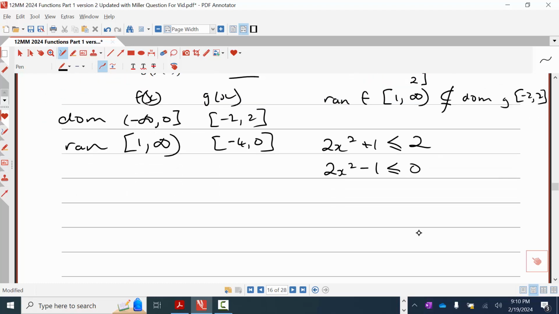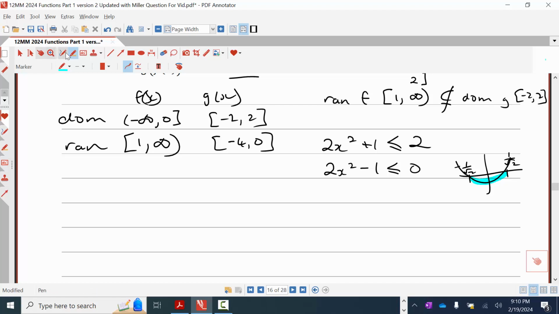Now if I solve this, I could use difference of two squares on that, but actually it's just a parabola with intercepts at negative 1 on root 2 and 1 on root 2, and it's an upright parabola, so that's what it looks like. So we can see here that it's going to be less than 2 between these values here. So that's when it's going to meet these requirements.